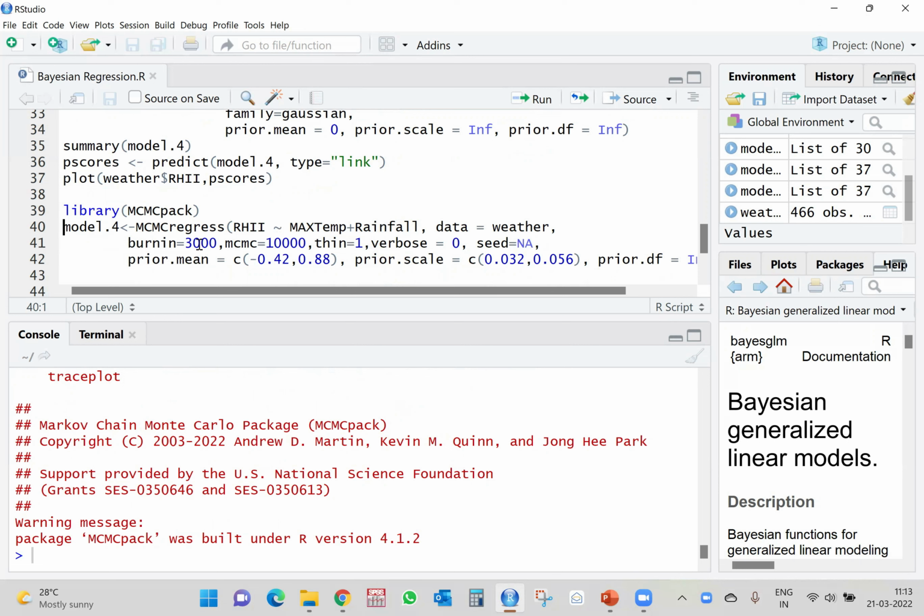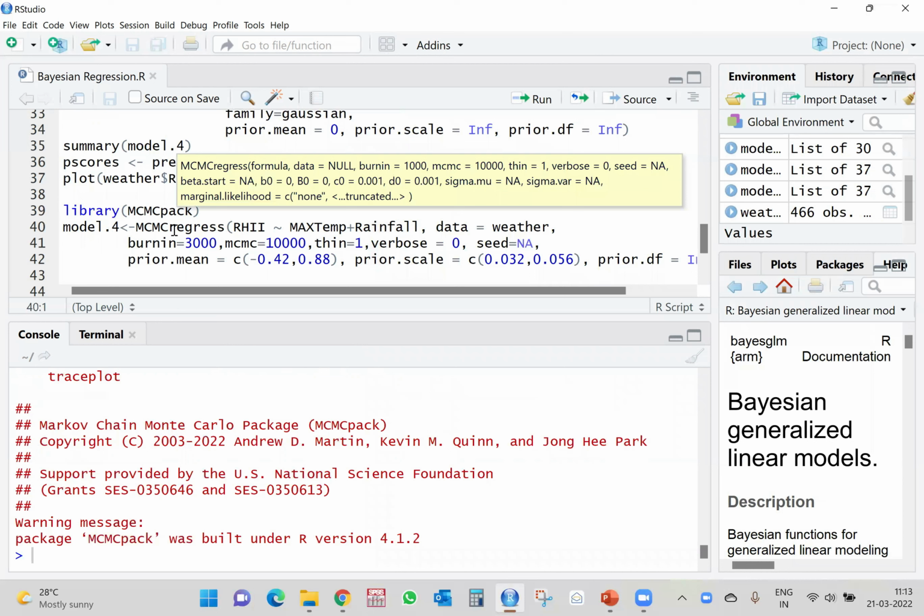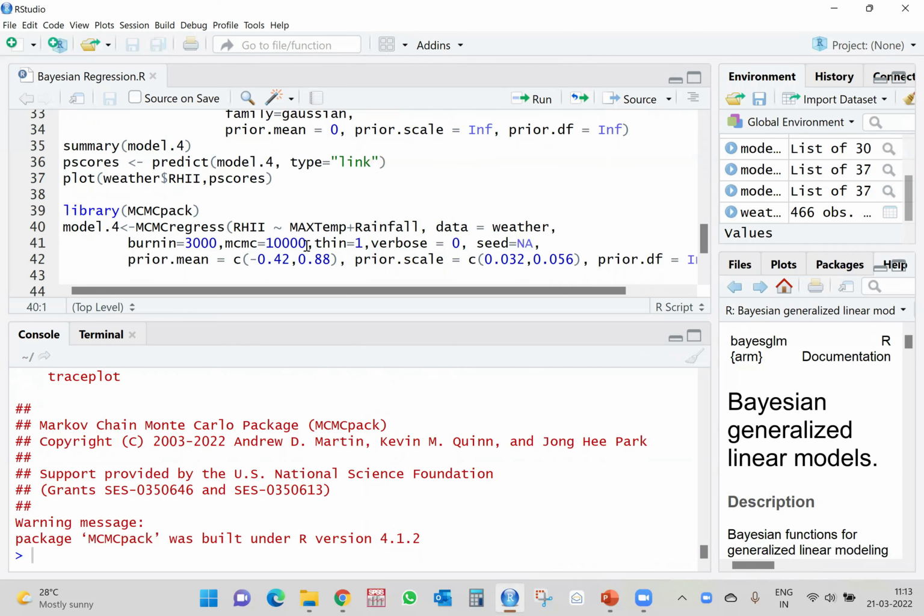We can specify a burn-in period of 3000. That is, the first 3000 values generated during the MCMC process will be discarded. Additionally, 10,000 values will be generated on the posterior distribution with a thinning interval of 1, meaning we will admit only every other value.